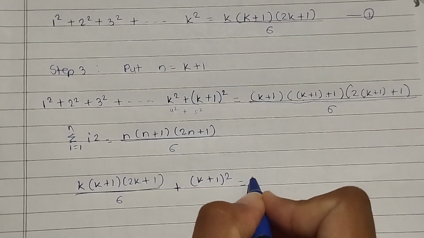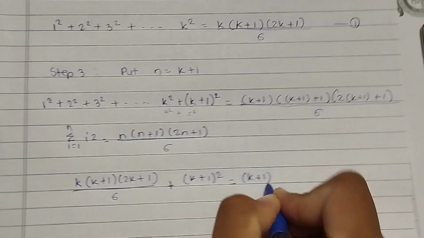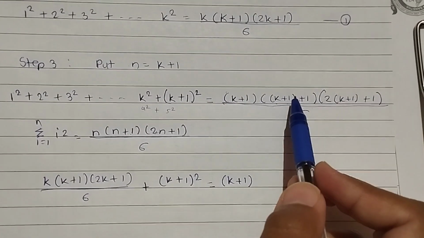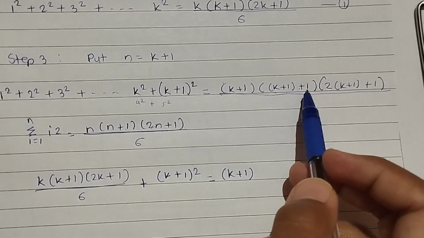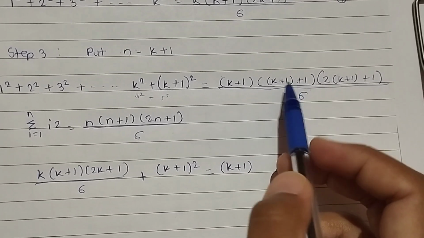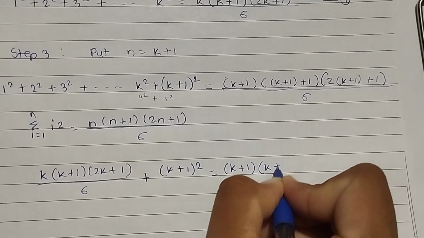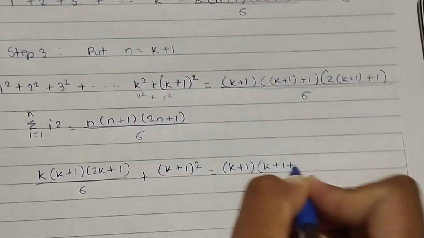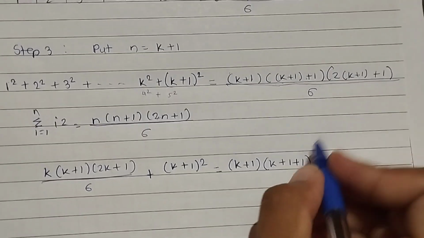So how we simplify? We write k plus 1 as it is, then we remove the bracket. So this k plus 1 plus 1, so this is k plus 2. Or we write step by step k plus 1, k plus 1. We remove only the bracket of the k plus 1.